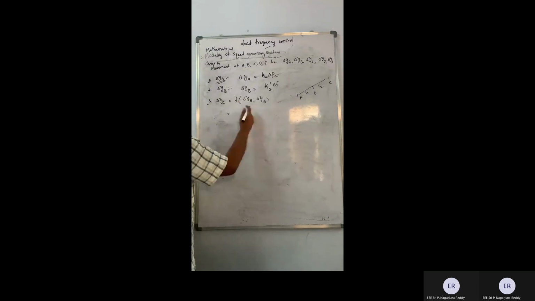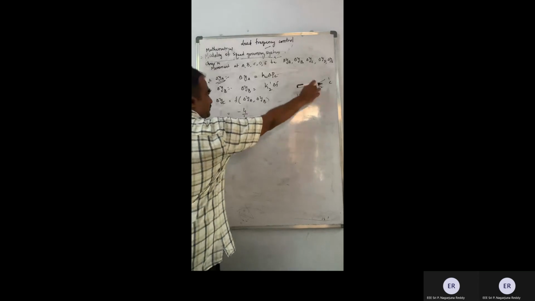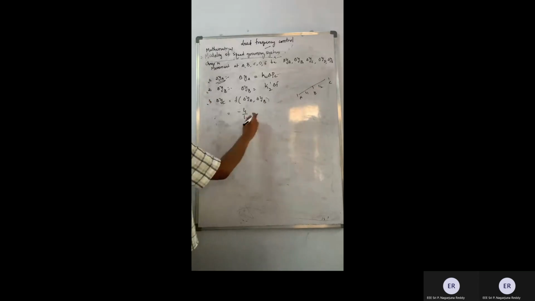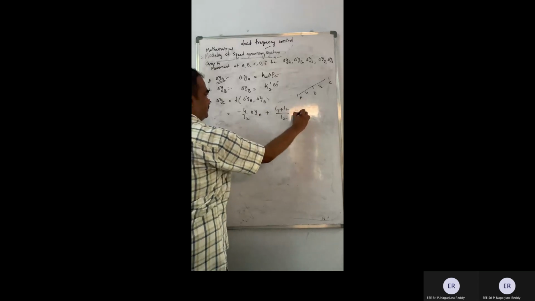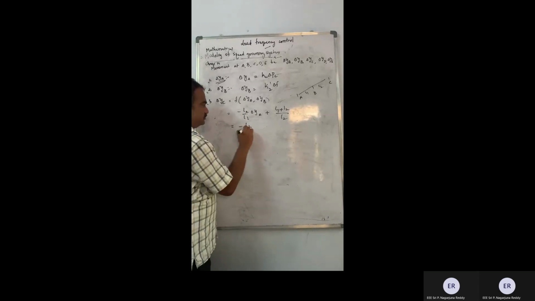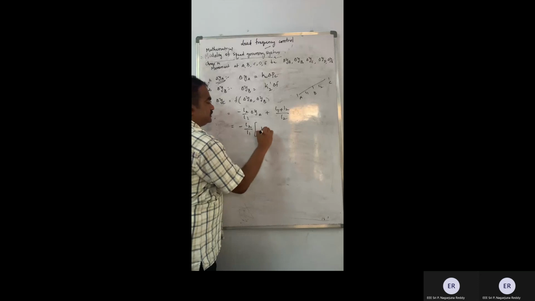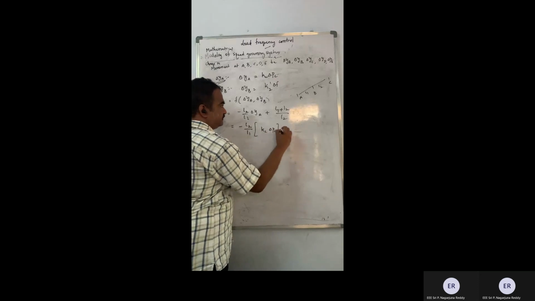As you all know the mathematics, A has an inverse relation and B has a direct relation, so I am taking minus L1 by L2 into delta YA plus (L1 plus L2) by L2 into delta YB. Right. Okay. Sure. This is Kc into delta PC.